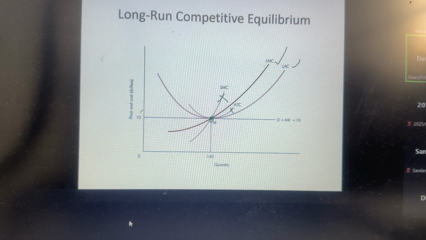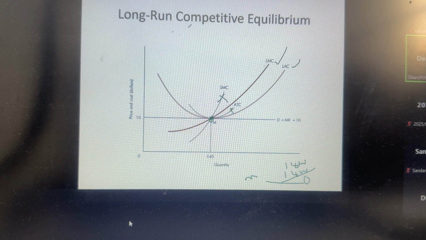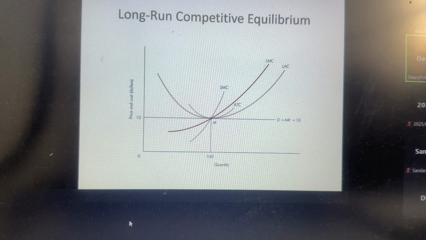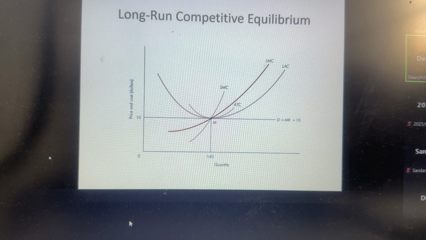Whatever the firm generates, 10 into 140 is 1400 revenue, and the cost is also 1400. Actually, supernormal profit is 0. This is called the normal profit situation. In the long run, a perfectly competitive firm makes only normal profit. That is the definition.